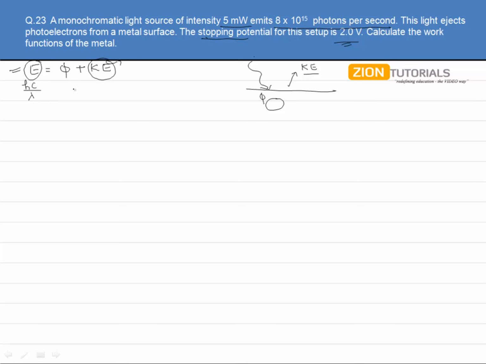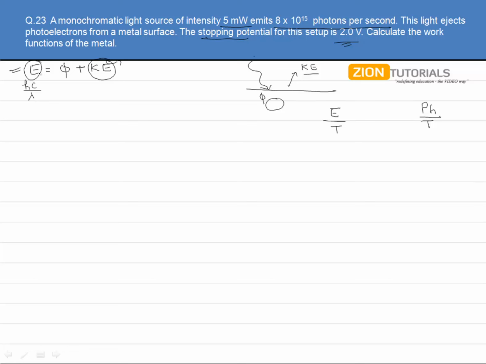So the thing here I will tell you is, this has been given as the intensity. Rather I would say this is the power, because milliwatt is the unit of power. So this is the power given over here. Now power is total energy upon total time t, and this is the photons per second, that is the total number of photons ph upon total time.